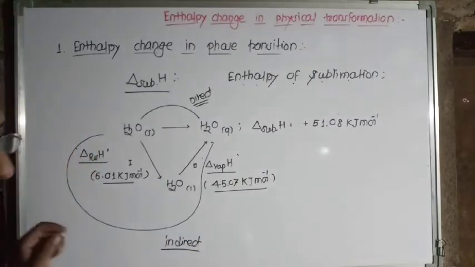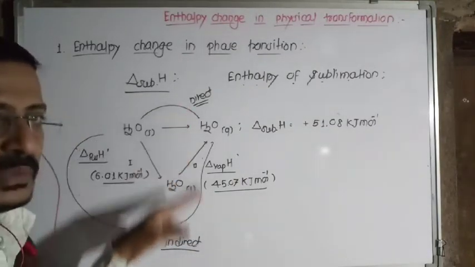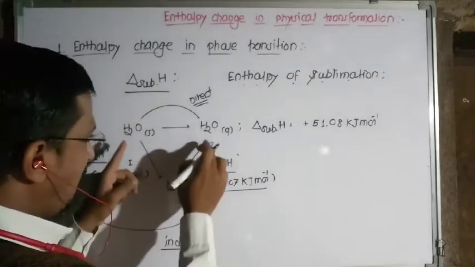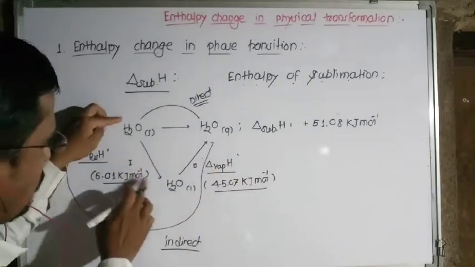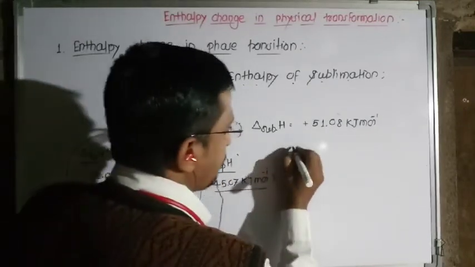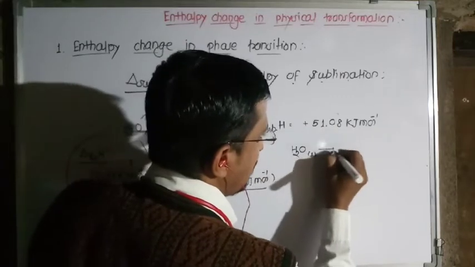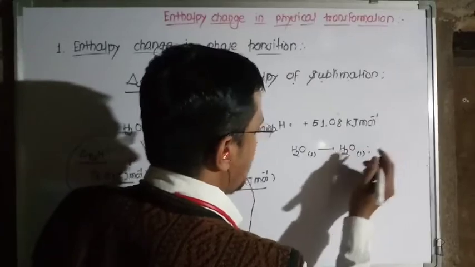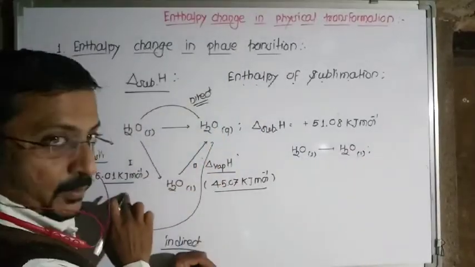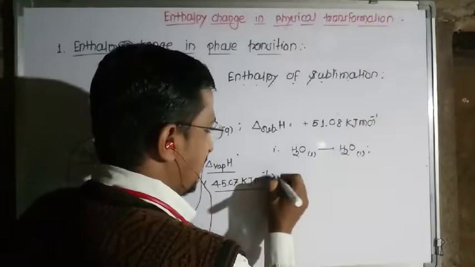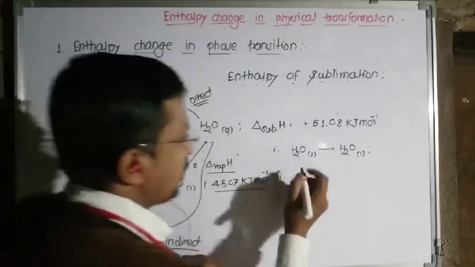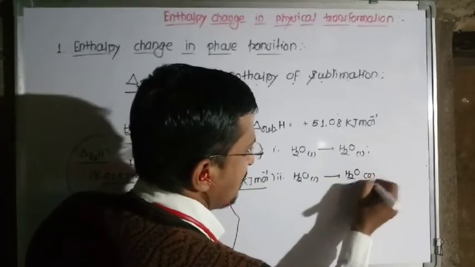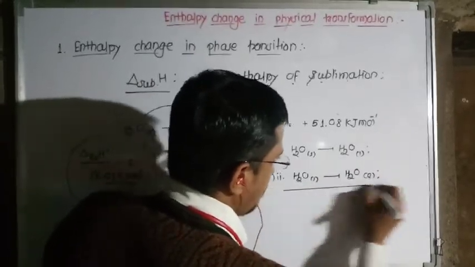So if you consider the values, this is a direct process and this is an indirect process. In the indirect process, H2O solid is converted into H2O liquid by the enthalpy of fusion, the first process. The second process is H2O liquid converted to H2O gaseous state by the enthalpy of vaporization.